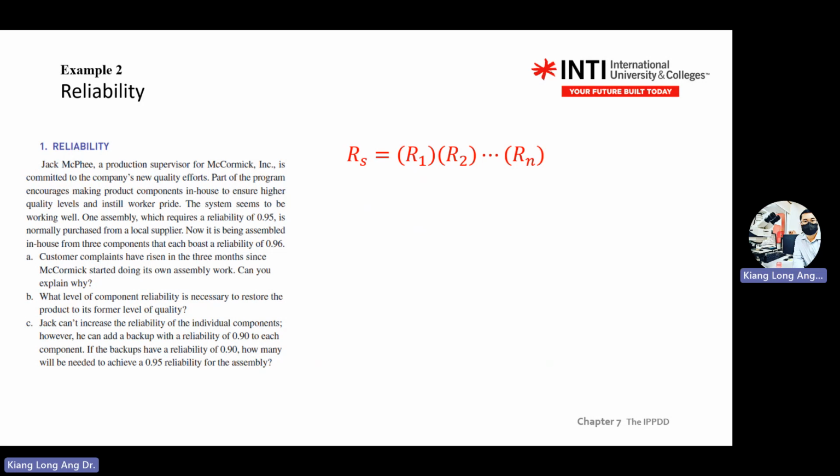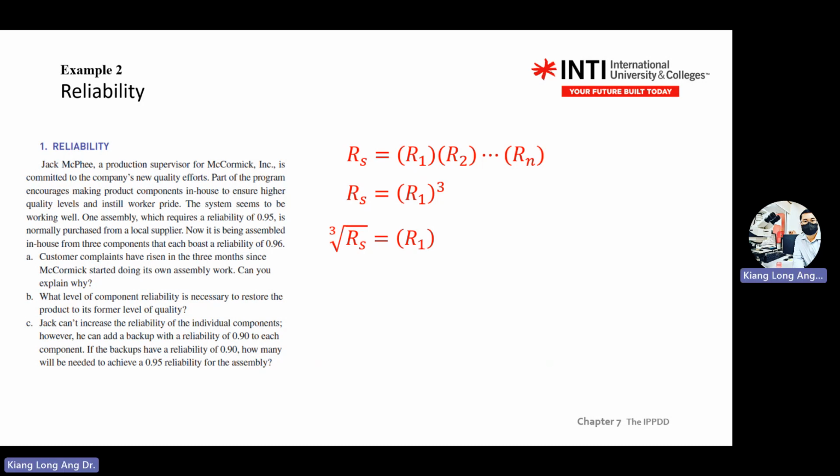Now you need to reverse the equation. Because you have three components, it is R1 to the power of 3. Then you move the exponent from one side to the other side, you get a cube root. Make sense?